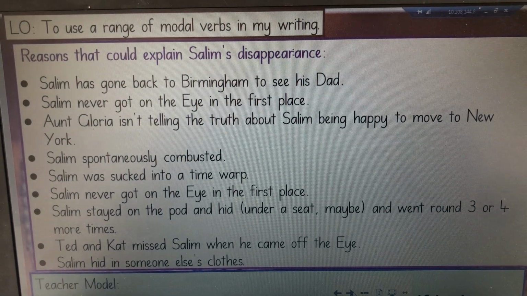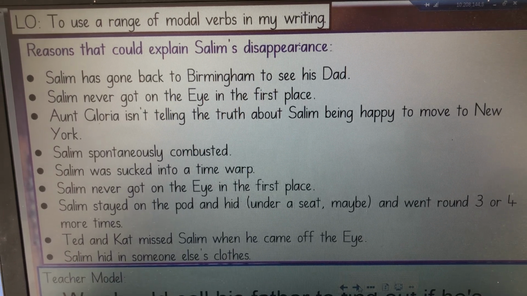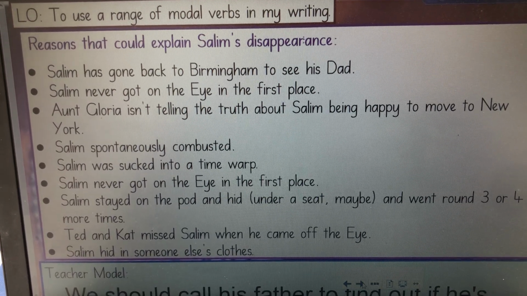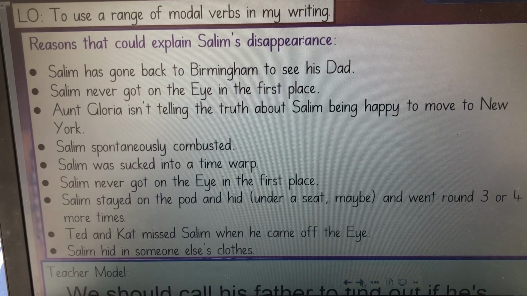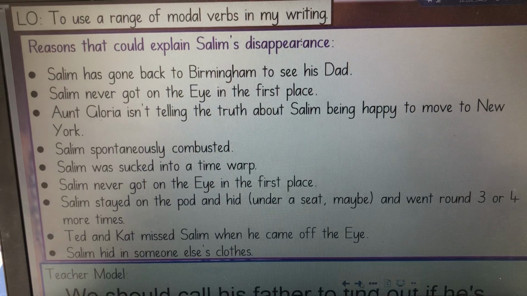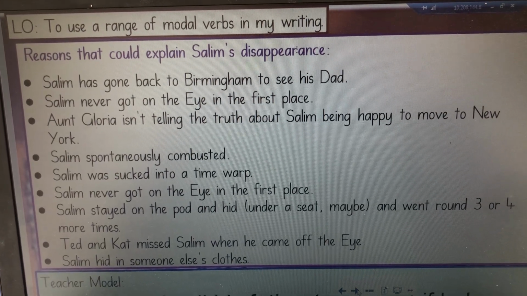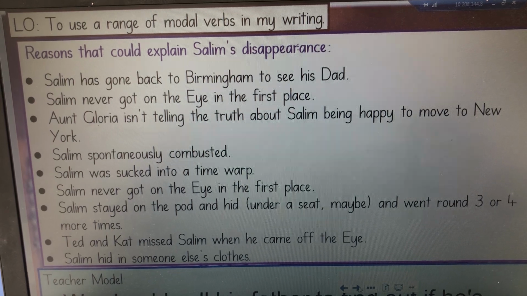I have put some sentences up that are reasons that could explain Salim's disappearance. Okay, and these are ideas that Ted has had about what has happened to his cousin. So, Ted thinks that perhaps Salim has gone back to Birmingham to see his dad.